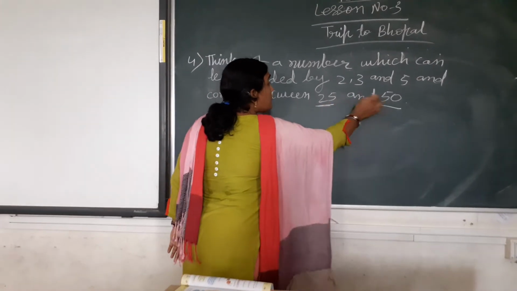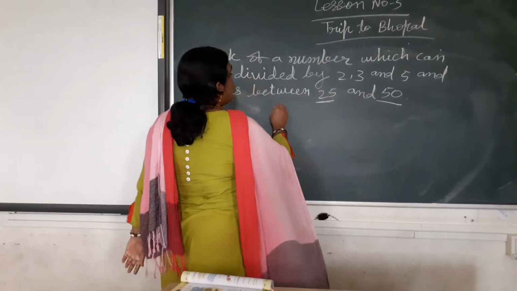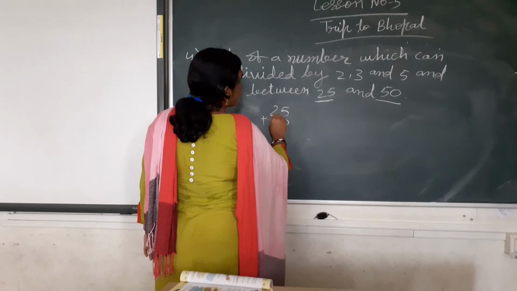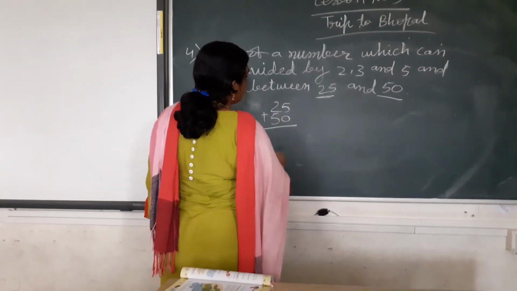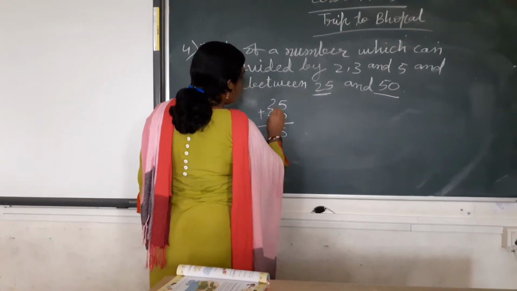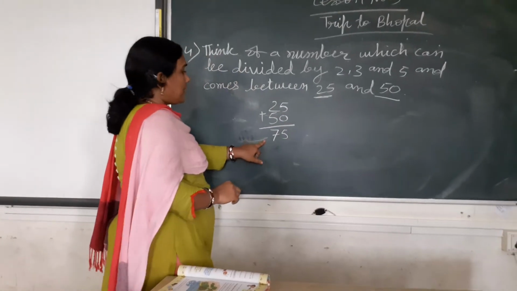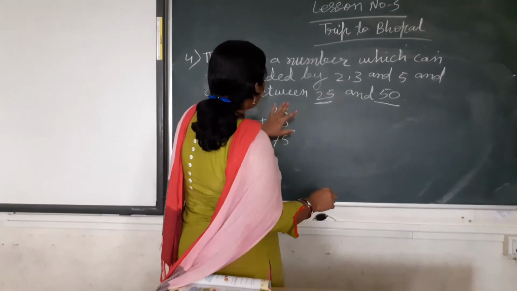If we add 25 plus 50, we get 75. We see that 75 will not come in the 2 table.